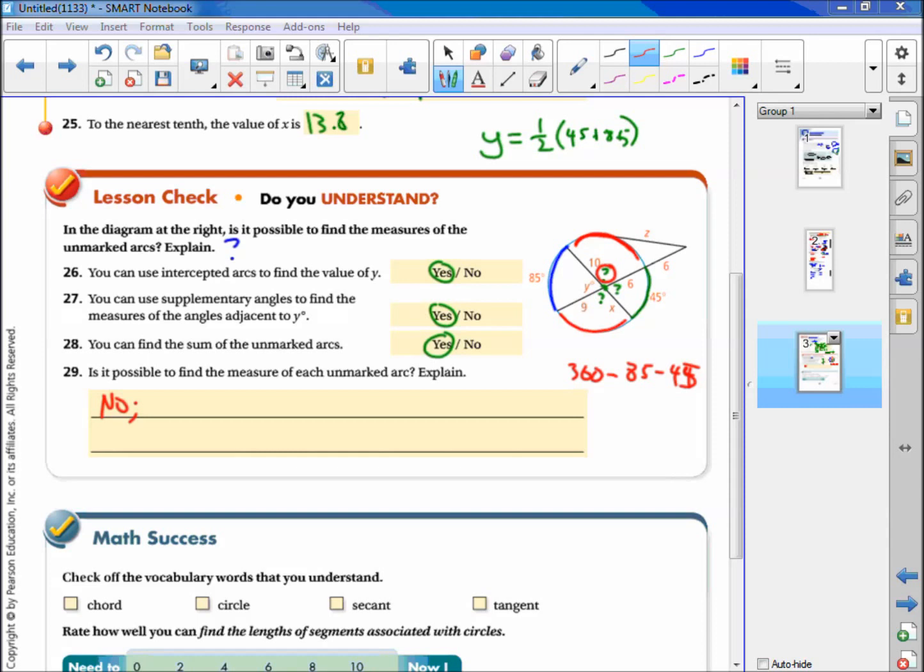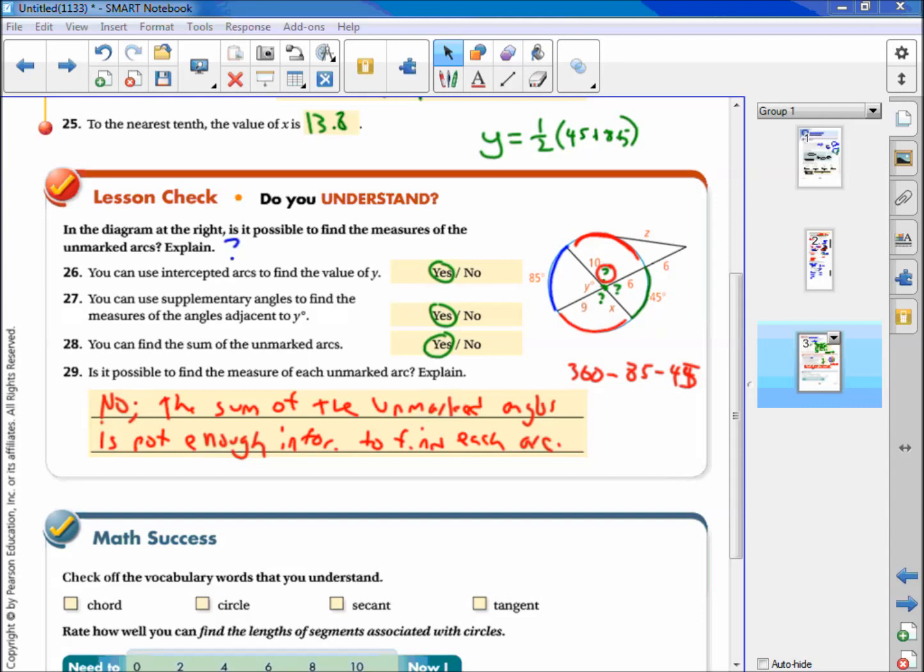So this would be no. The sum of the unmarked angles is not enough information to find the measure of each unmarked arc. We could find out what they add up to, and we know that if we cut that in half, we would get that angle, but we can't tell how much each one is.